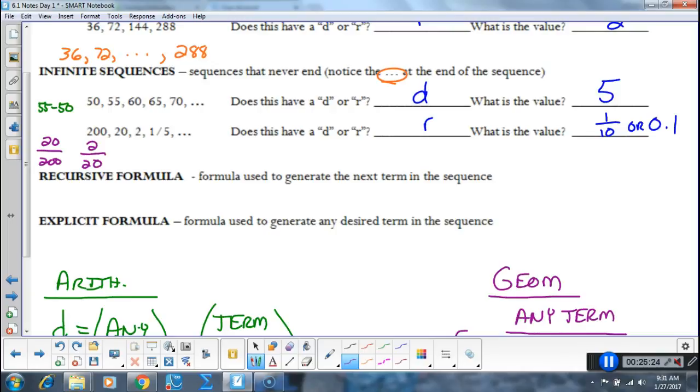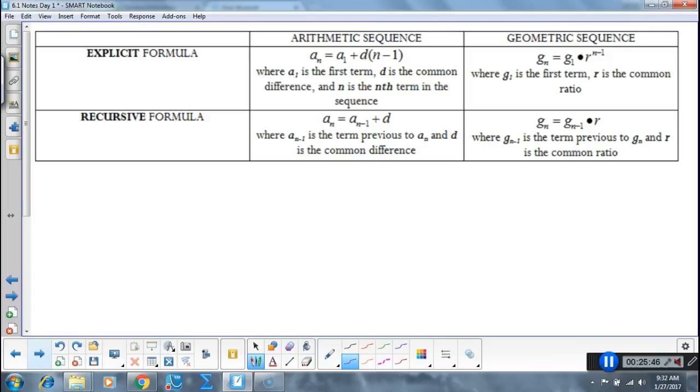Now, there are two different types of formulas that we're going to do here. You have them at the bottom of your page. Just so you know, Mr. Kruger and I decided last week that we are going to focus on the explicit formula, because you can get any term whatsoever based off of the explicit formula. The recursive formula, we're just kind of showing it to you because it might show up on the ACT.